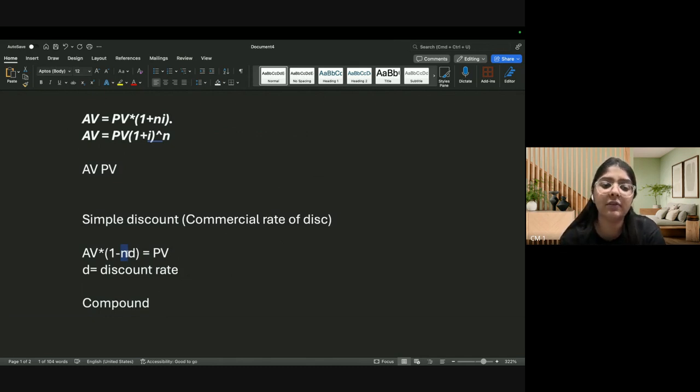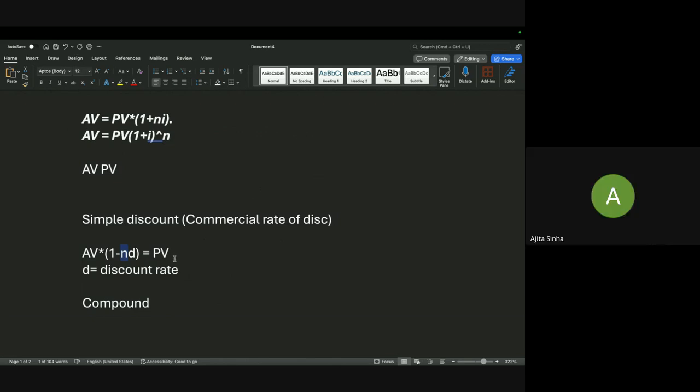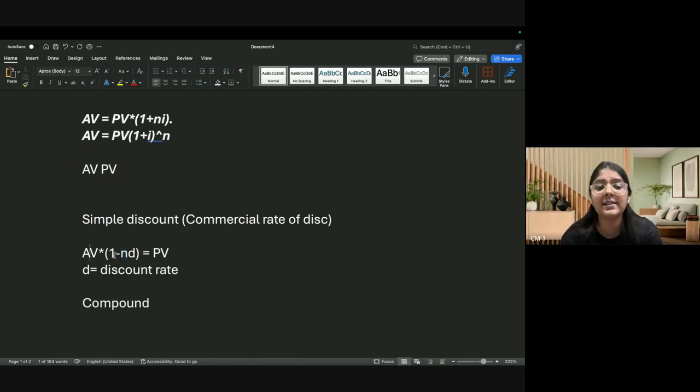So suppose D is 10% per annum and they have given N to be 6 months, can you do 6 into 10%? No, we'll convert 6 months into years. Correct. So the consistency should always be taken into account that both of these will be in the same term, either all in months or all in years. That is very important.